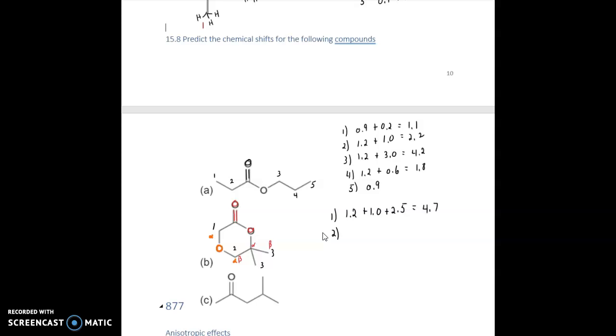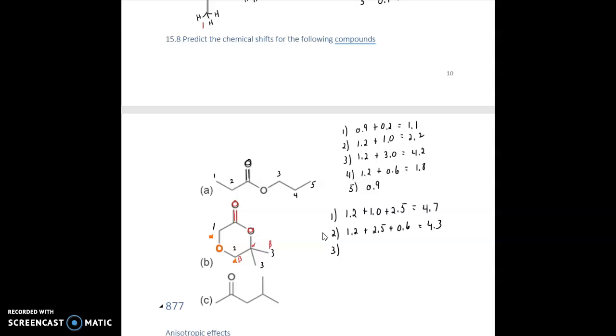The protons at the 2nd position are methylene, so they start at 1.2. They are alpha to the orange ether, so that's 2.5, and they are beta to the ester that I've drawn in pink, so that's 0.6, 4.3.